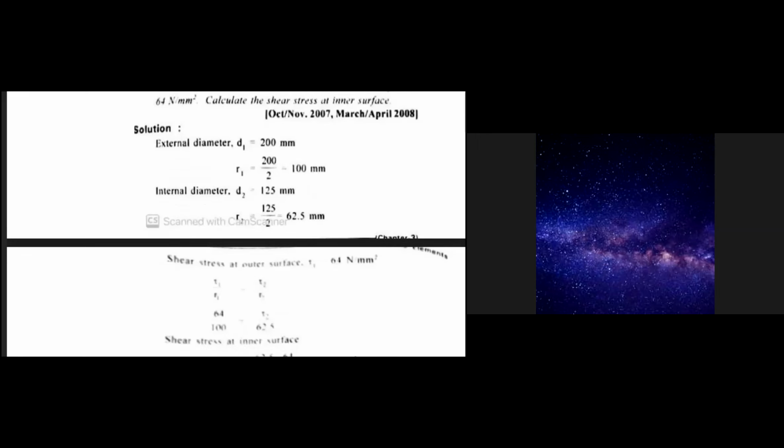So tau 1, that is 64, by tau 2 equal to 100 by 62.5. So tau 2 is equal to 64 into 62.5 by 100. We will get 40 Newton per mm square. So shear stress at inner layer is 40 Newton per mm square.